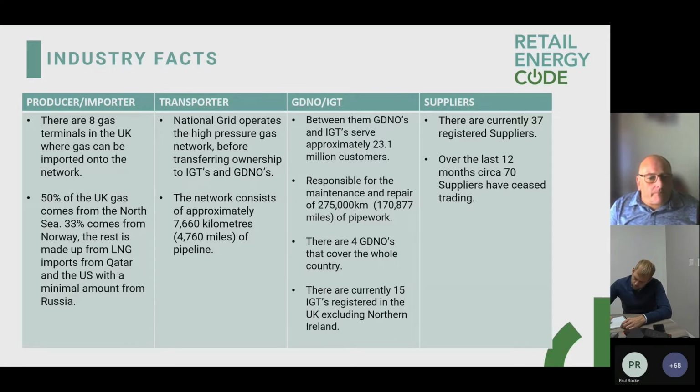And I mentioned earlier how we get our gas. So 50% of our gas comes from the North Sea. So we are fairly self-sufficient with it, but there is still quite a bit imported. 33% of it comes from Norway, and the rest is made up from liquid natural gas imports from Qatar and the US, with a minimal amount from Russia.